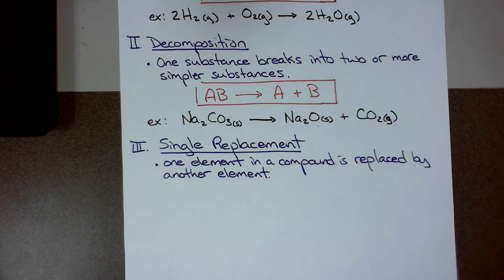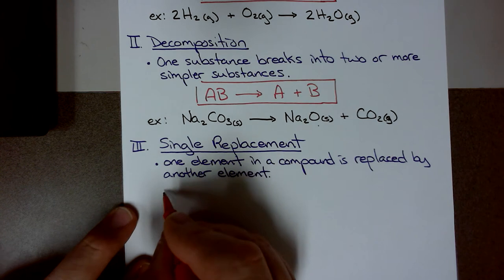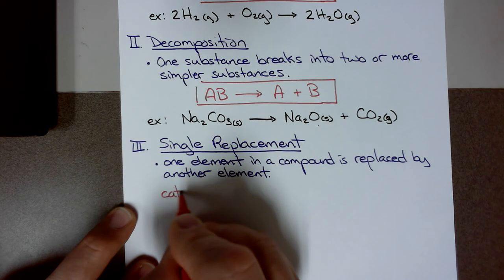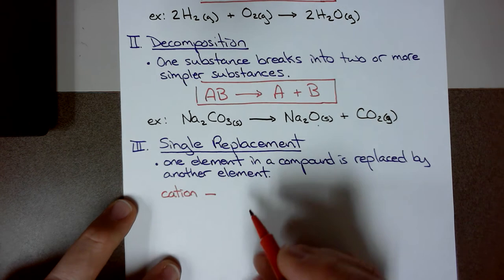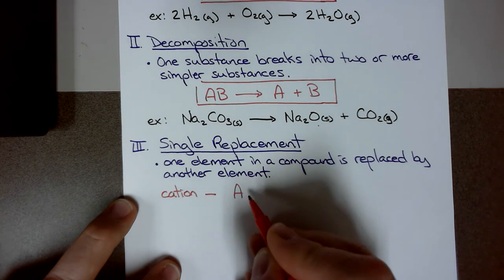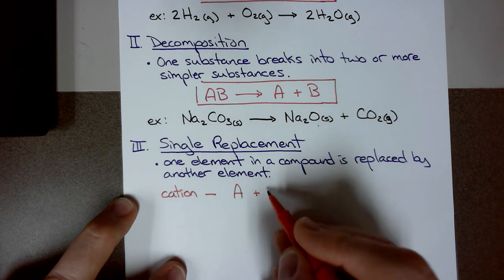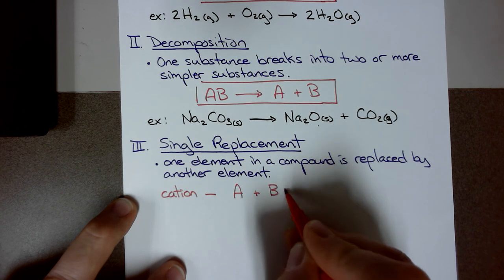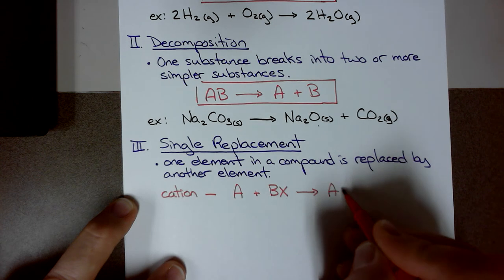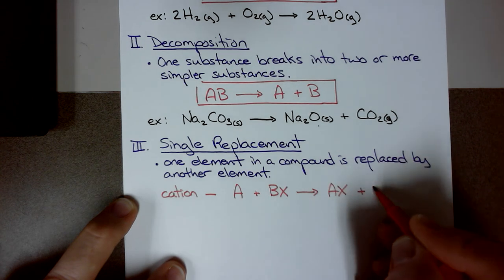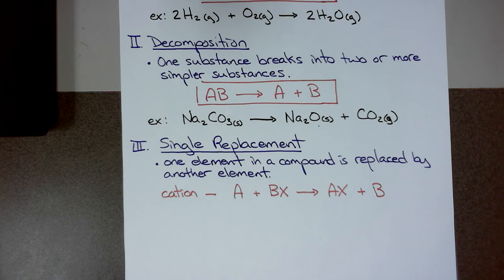Now, in the single replacement, there's 2 types of single replacement. We can have what's called a cation single replacement, which would look like this. So we have element A plus compound BX goes to AX plus B. Now remember, the first is always a cation.